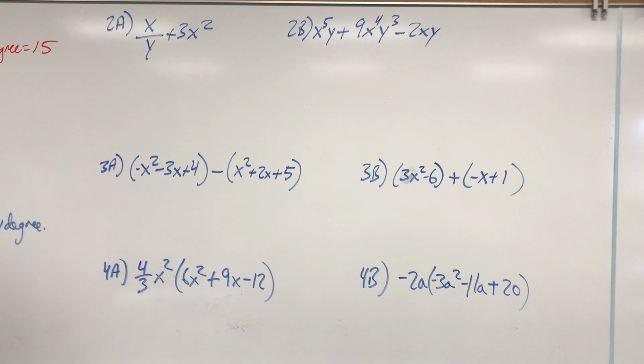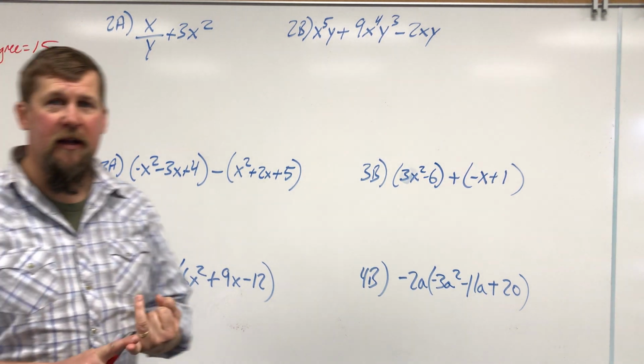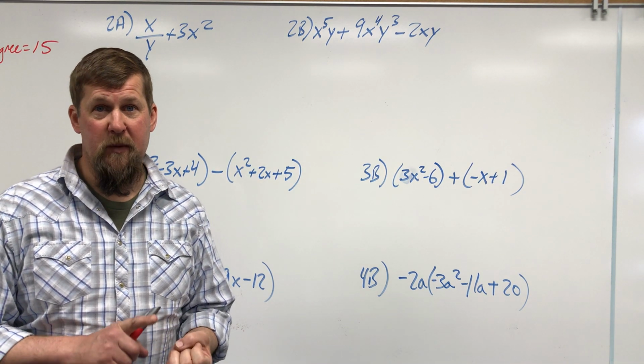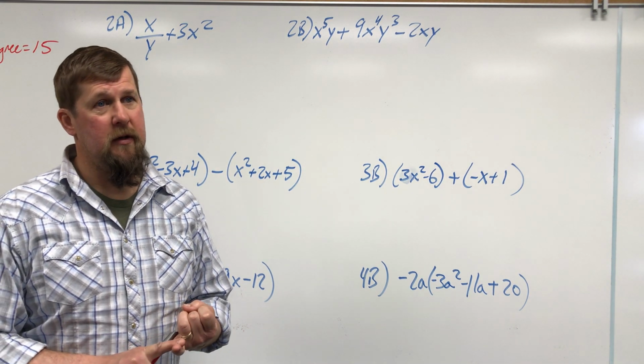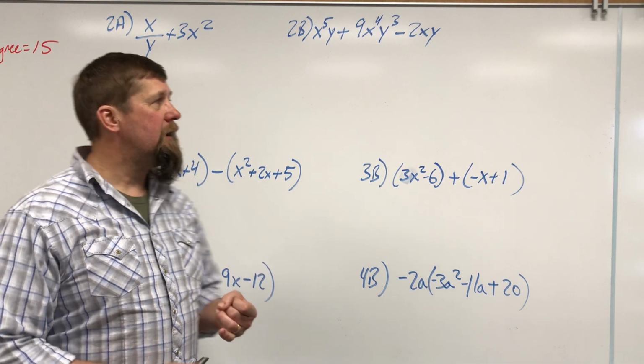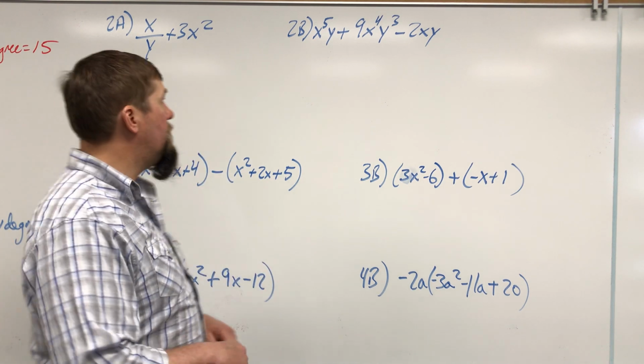Okay, I didn't talk about necessarily what a polynomial is. However, I did mention that you cannot have negative exponents. They have to be positive integers. So if the exponents are not positive integers, it's not a polynomial. If the coefficients aren't real, then it's not a polynomial.